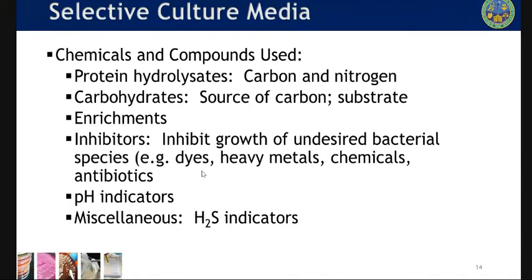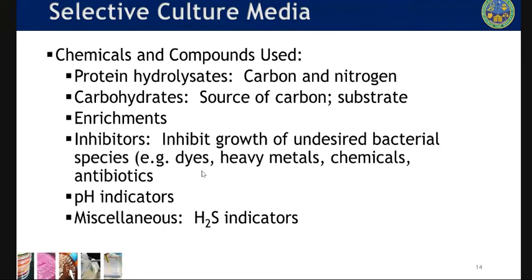Others include also pH indicators or dyes, and then others may include H2S indicators. For example, your Salmonella Shigella agar includes an H2S indicator, as well as your triple sugar iron agar.